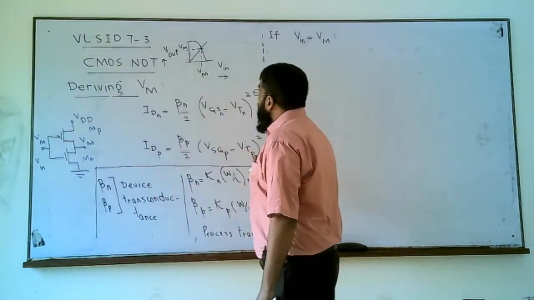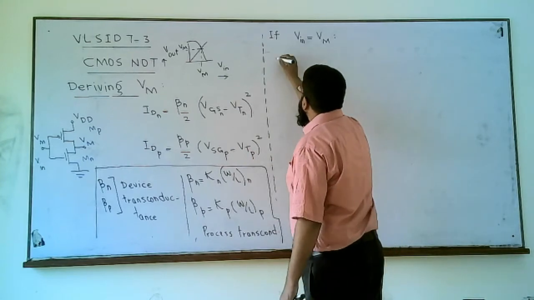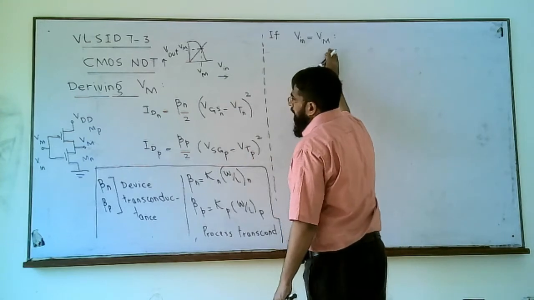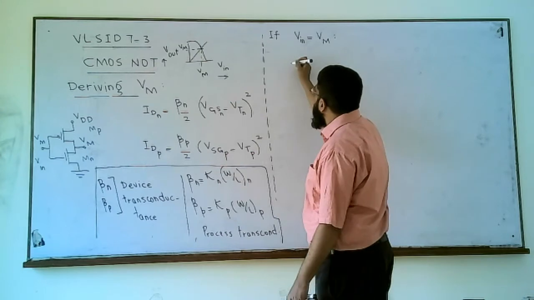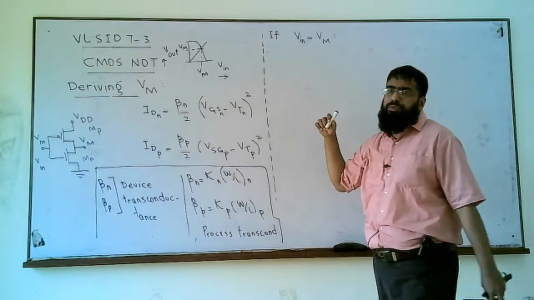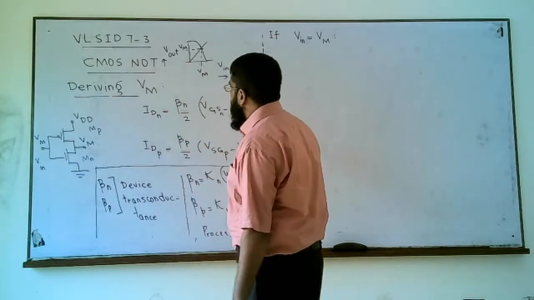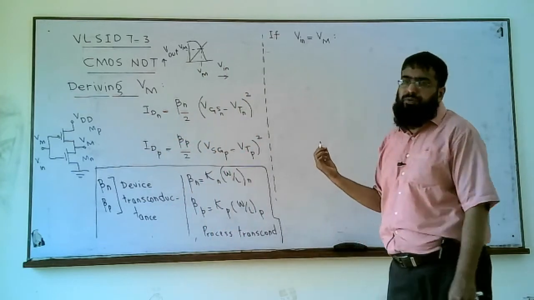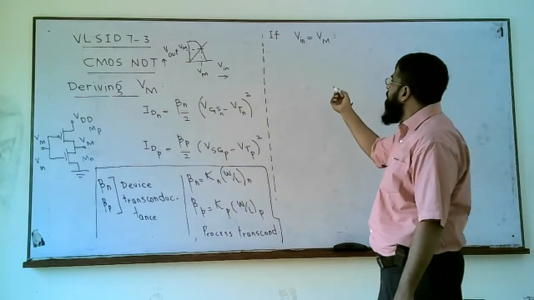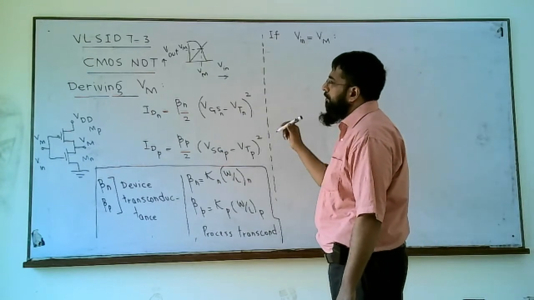When we apply Vn equal to Vp equal to VM, that is somewhere in the middle of VDD, maybe it can be 2 volts, maybe 2.5 volts, maybe 3 volts if we are working with VDD equal to 5 volts. Maybe this is 0.5 VDD, or 0.4 VDD, 0.45 VDD, somewhere around the middle of VDD.